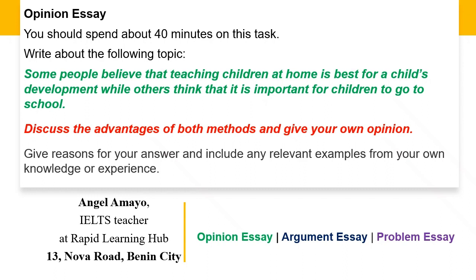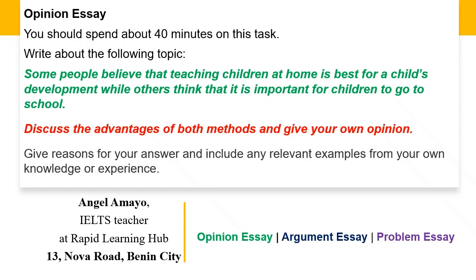Some people believe that teaching children at home is best for a child's development, while others think that it is important for children to go to school. Discuss the advantages of both methods and give your own opinion. The final part of it says, give reasons for your answer and include any relevant examples from your own knowledge or experience. This is usually the structure of the task.